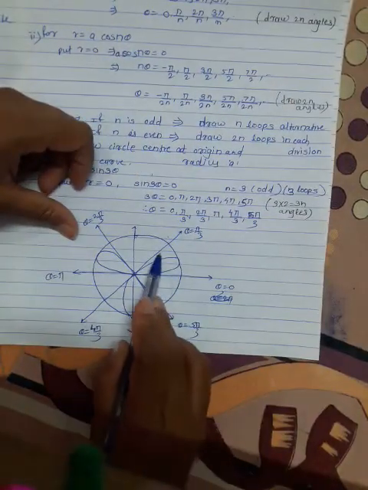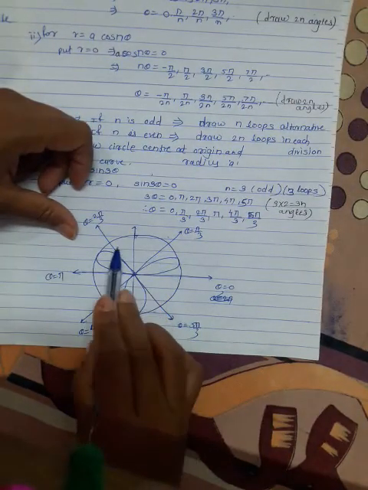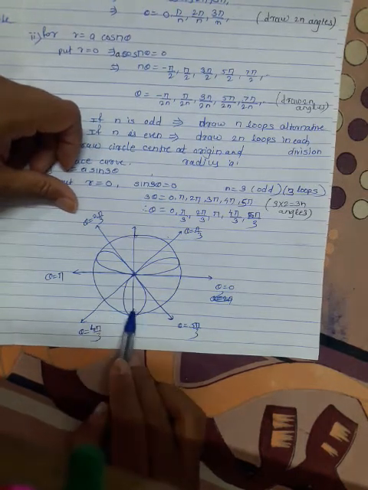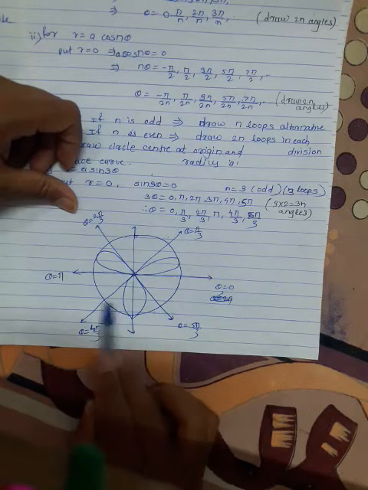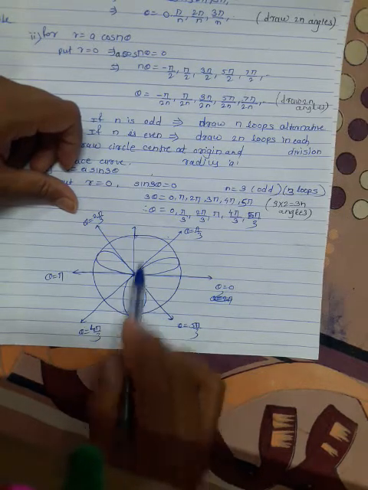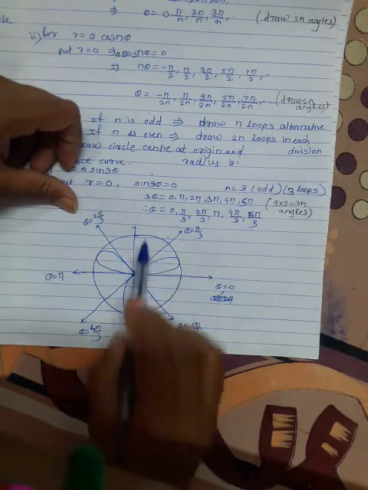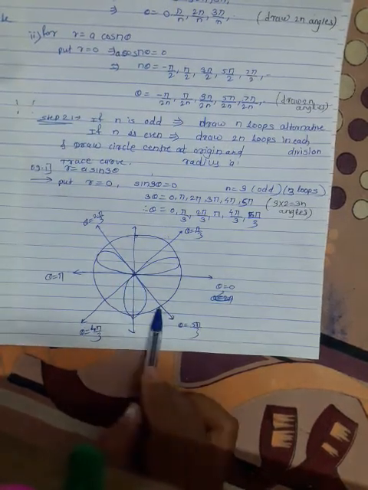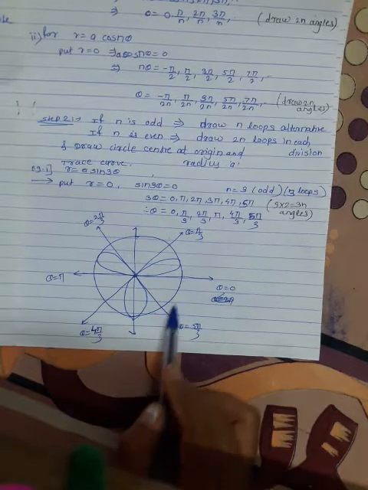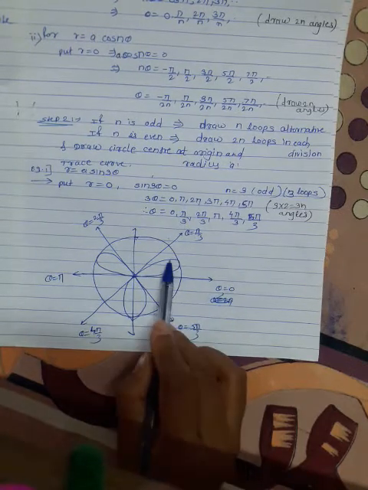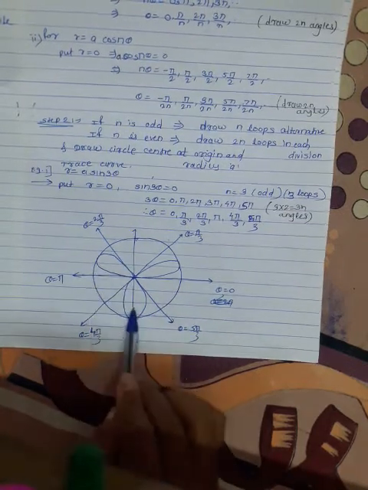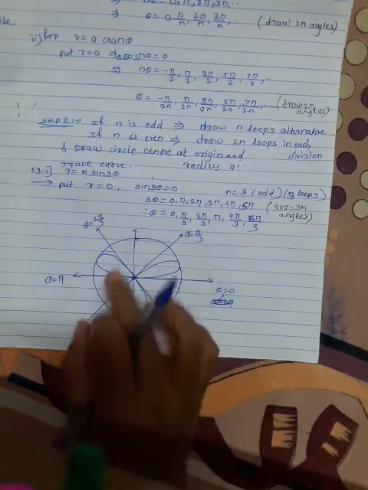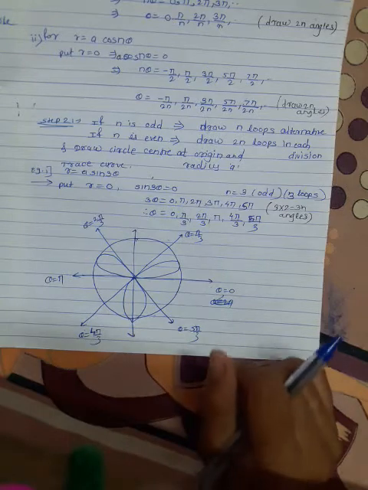From this angle to this angle is one division, this is the second, third, fourth, fifth, and sixth division. We do not consider the y-axis because we do not have those angles there. If you draw using scales, these divisions are at equal angles and equal distance.